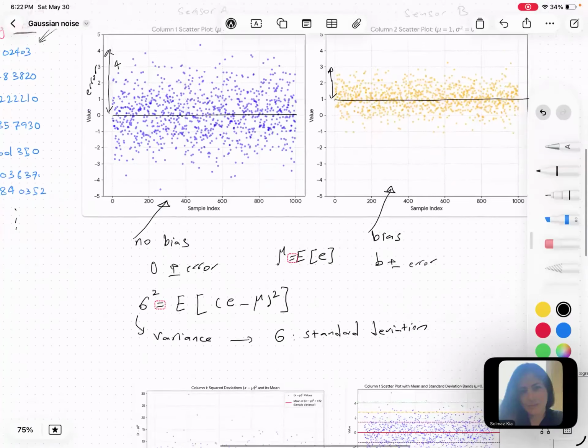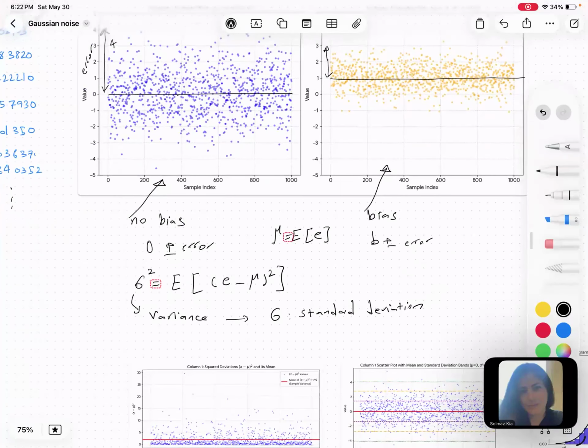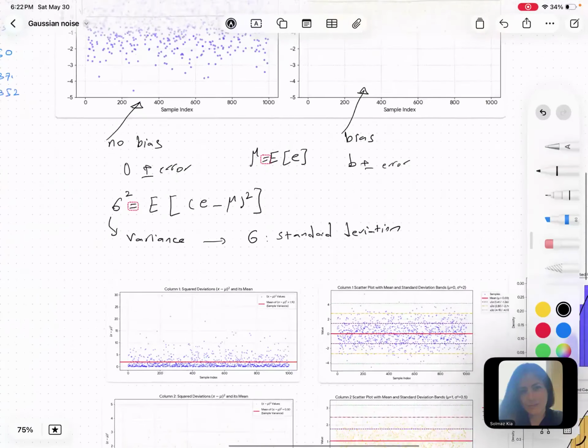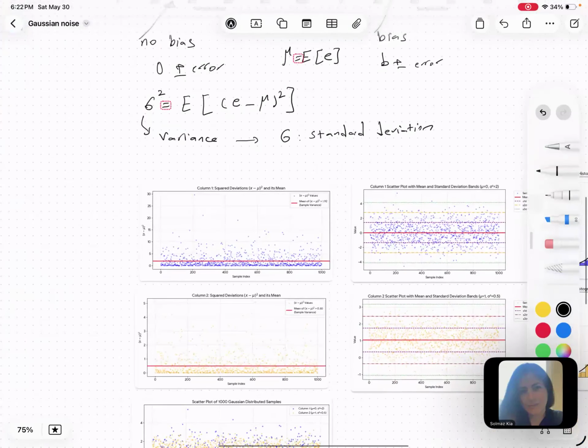Okay. So this gives us an idea about how much the results, their measurements, are scattered around the mean value. So just to see this, what is this value for each one of these measurements, we can plot the error minus mu square, which is the average of the errors, and have this other scatter plot.